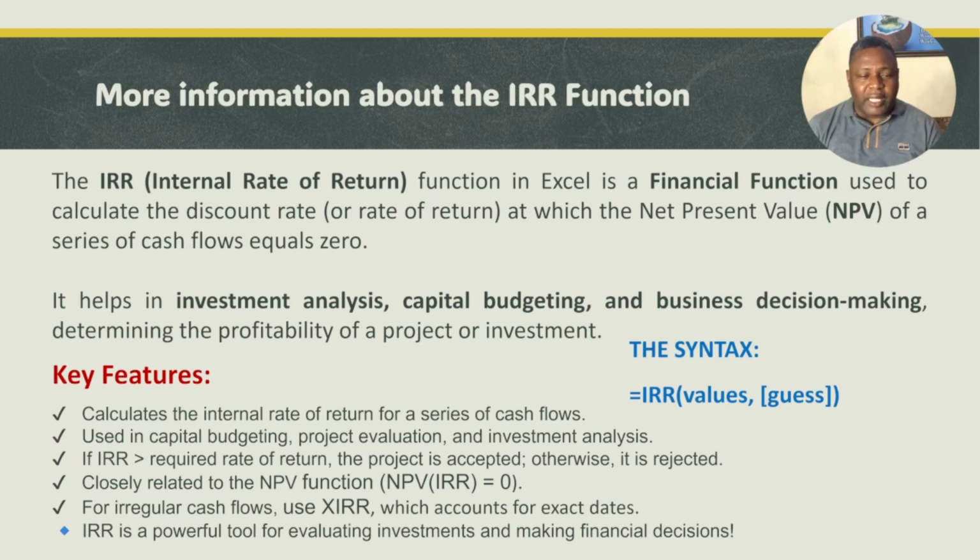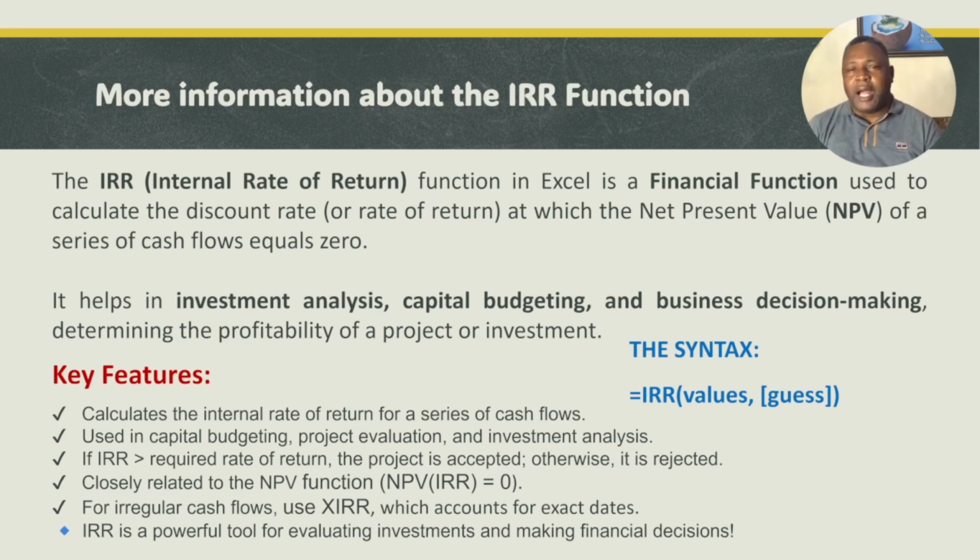It's closely related to the net present value function, in which case the net present value at the IRR must equal 0. For irregular cash flows, you can use the XIRR, which accounts for exact dates. In other words, if you have some very specific dates, you will capture those dates using XIRR.